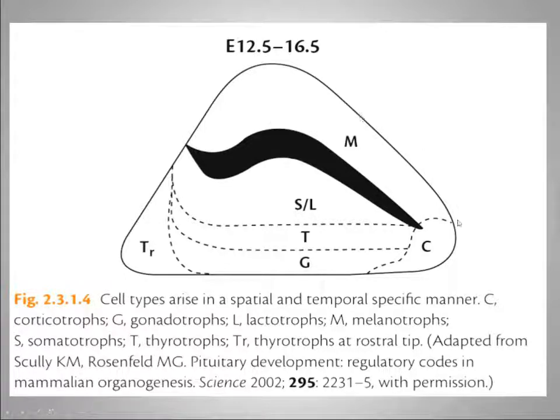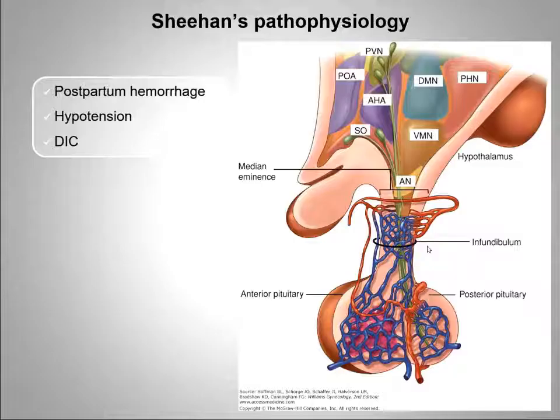So in this anterior pituitary, there's a great deal of complexity that isn't typically portrayed or well appreciated. And again, these are some of the releasing areas in the hypothalamus that project to the anterior pituitary as well as to the posterior pituitary.